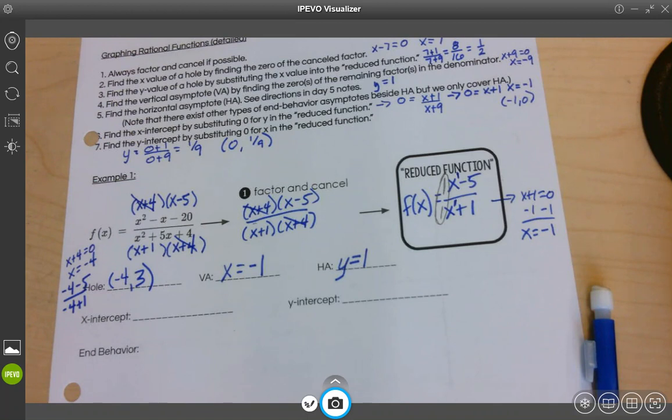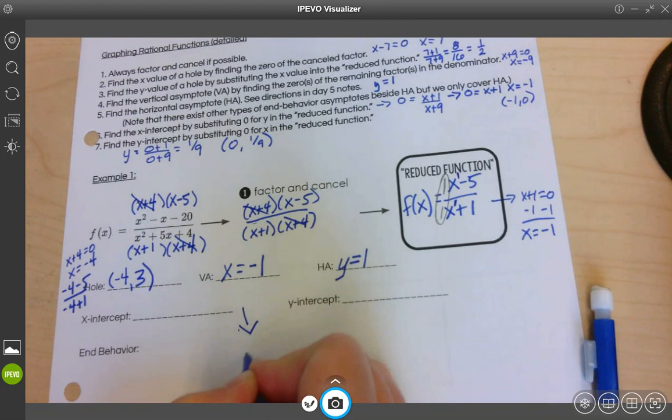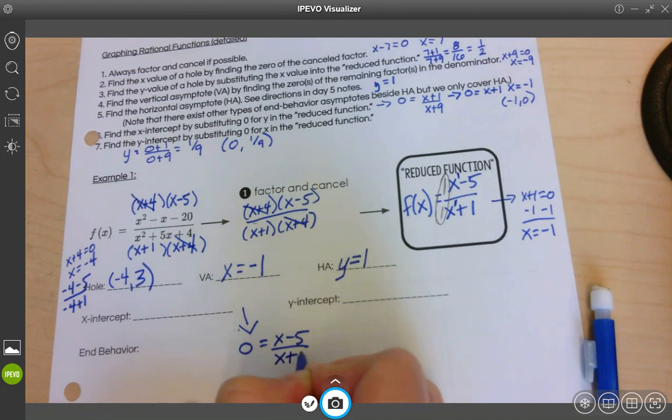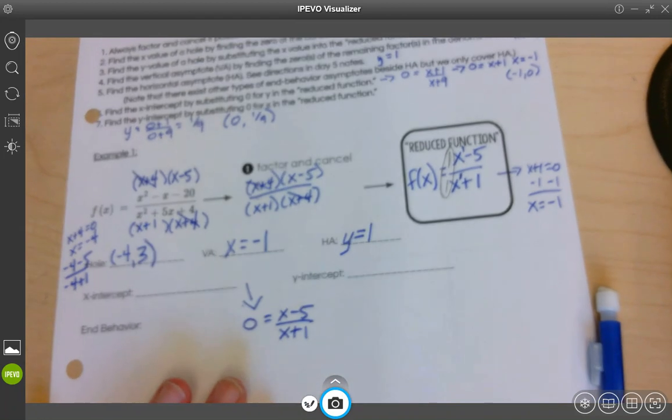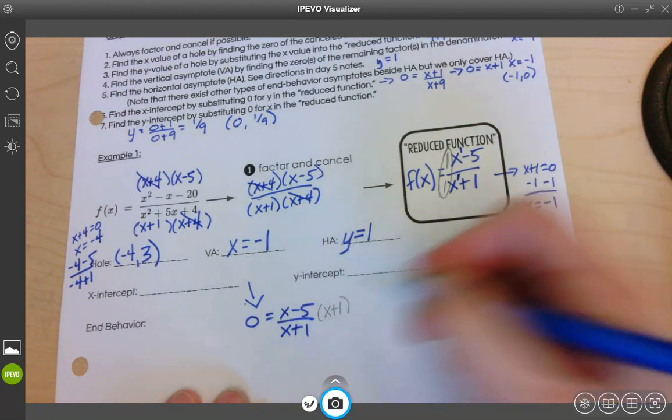All right, for the x-intercept, you make y what? Make it 0, good. So for the x-intercept, we're going to make y 0. So I'm going to do that over here. 0 equals x minus 5 over x plus 1. Multiply by x plus 1.